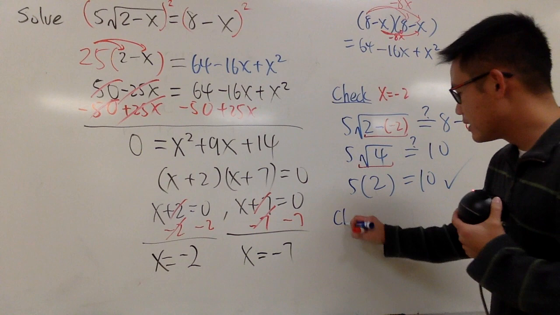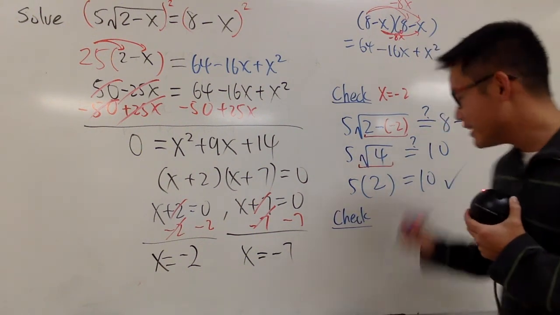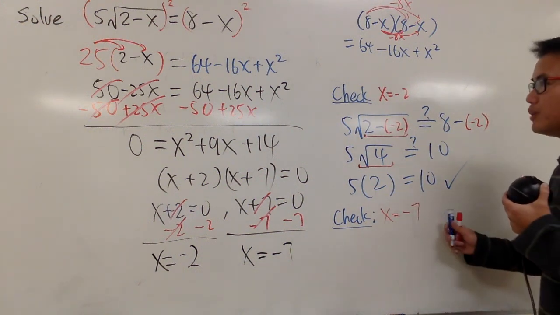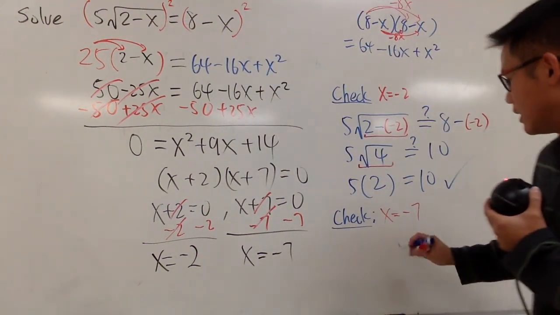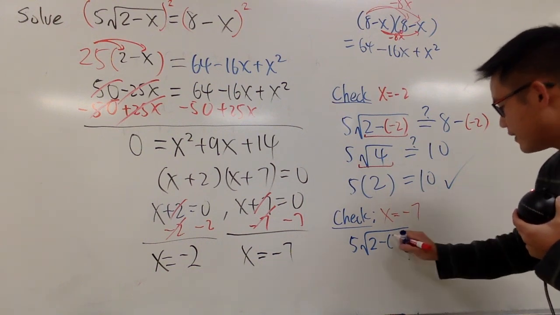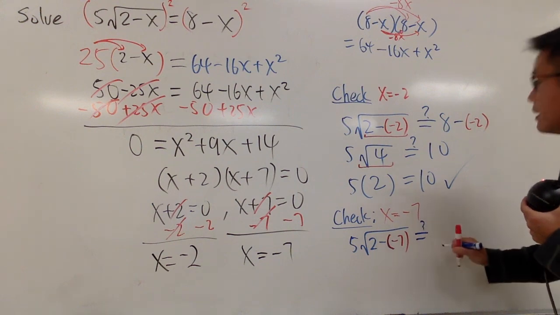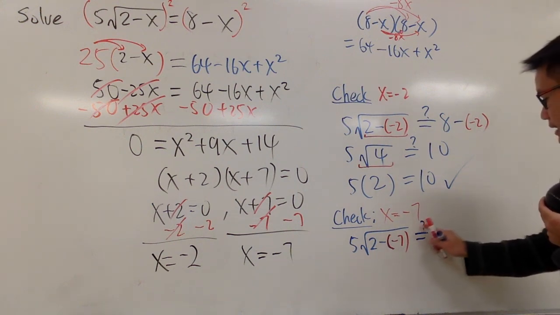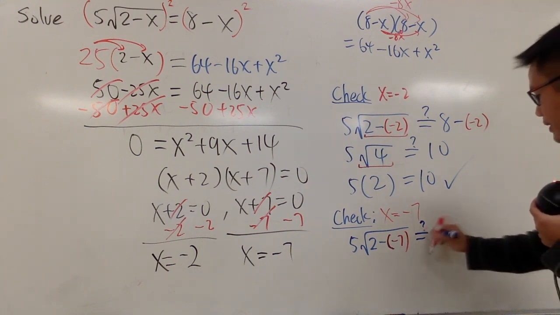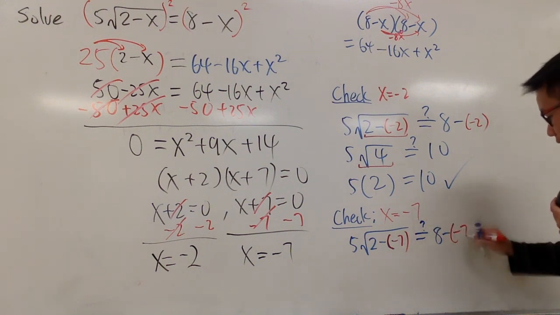Now, we also check. Do not just cross out the -7. Give -7 a chance, okay? Be sure you check x equal to -7. Do this real quick, plugging into this x and that x. So we have 5 times the square root of 2 minus -7 for the x right here. And then do we end up with 8 minus -7? So this is my question mark because we haven't done the work yet, so we don't know. 8 minus -7.